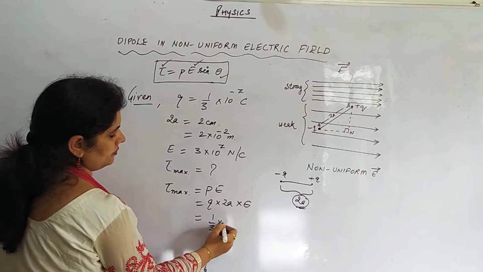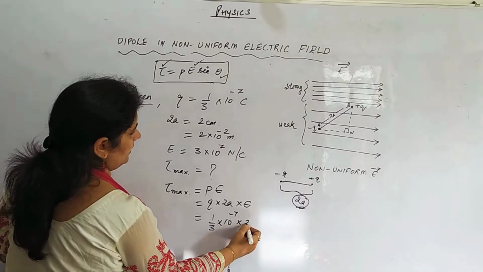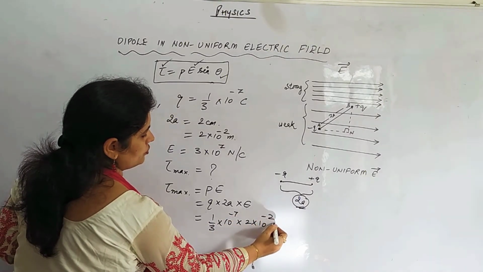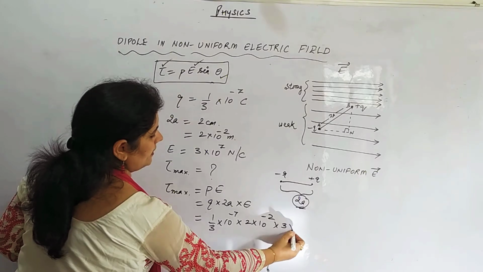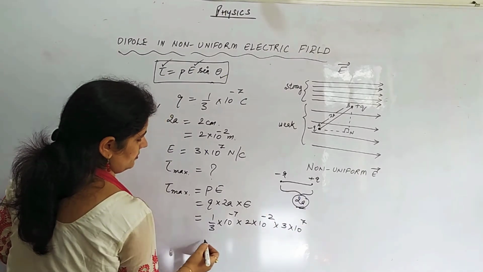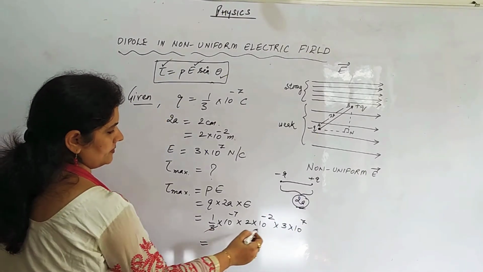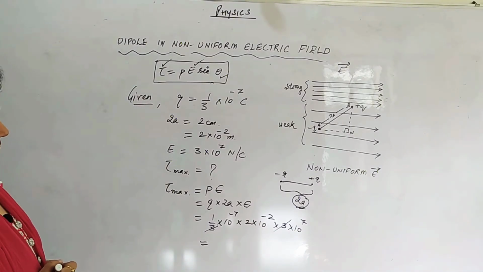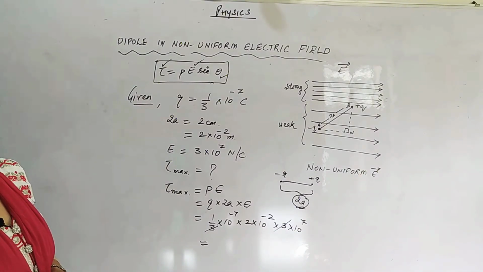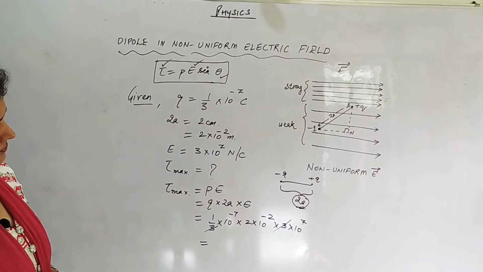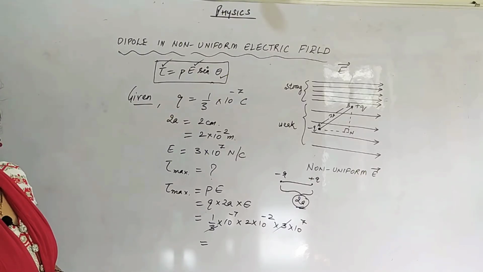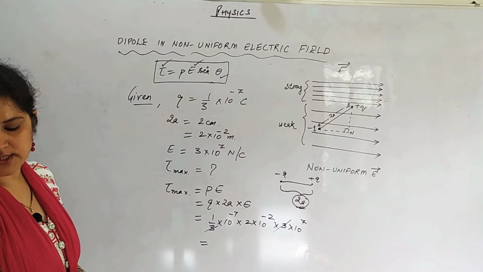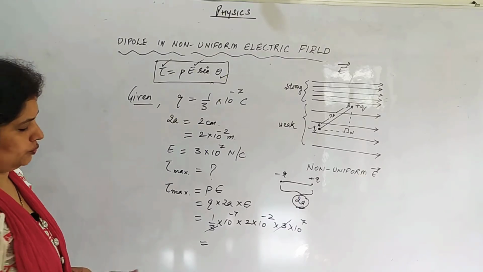1/3 into 10 raised to power minus 7 into 2 into 10 raised to power minus 2 into 3 into 10 raised to power 7. Solve and tell me the answer. It's very simple. Answer is 0.02.